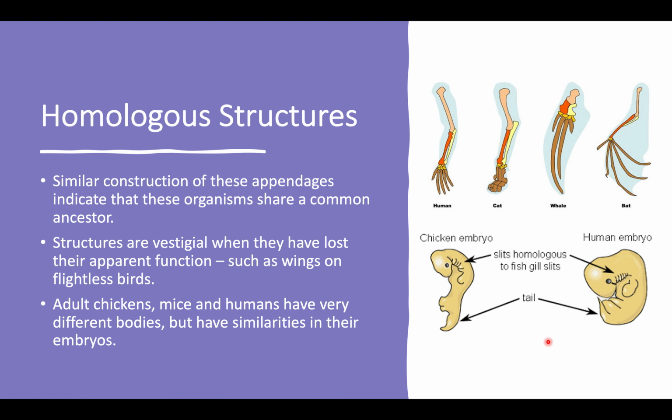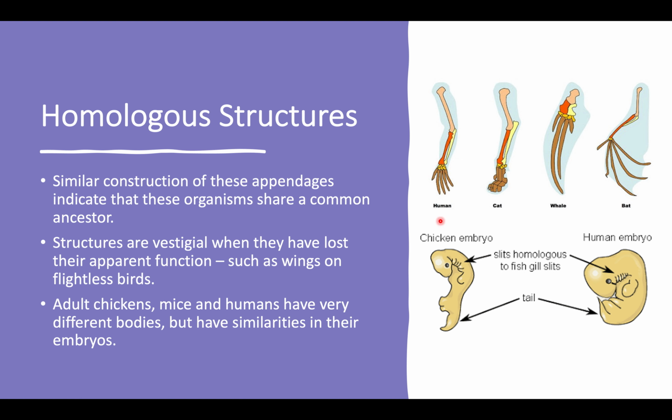Then I have an image here of adult chickens, mice, and humans, who have very different bodies, but their similarities are in their embryos. For this example, I have a chicken embryo right here, and then a human embryo here. Believe it or not, chicken and human embryos both have slits that are homologous to fish gill slits, and they have small tails.